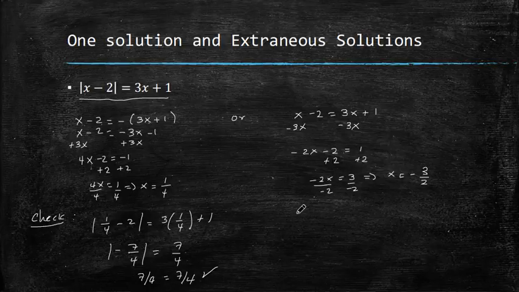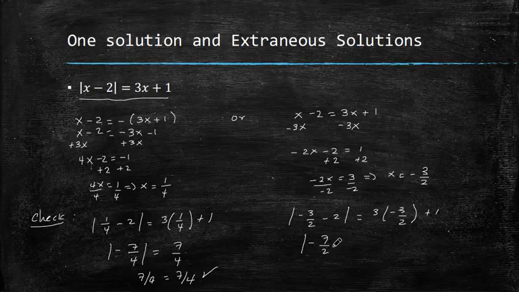Now we're going to plug in here, so that's going to be negative 3/2 minus 2 has to be equal to 3 times negative 3/2 plus 1. And so negative 3/2 minus 2, which is 4/2, is going to be negative 7/2.